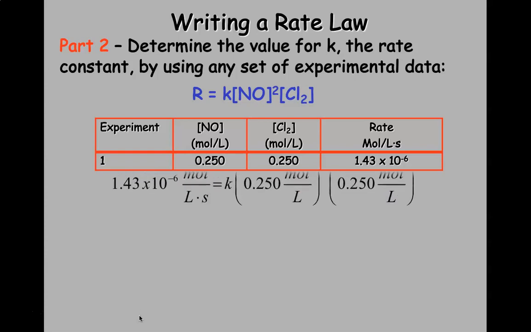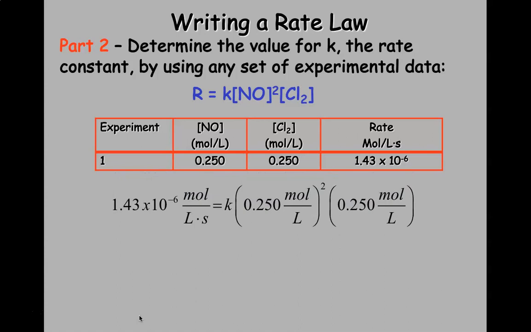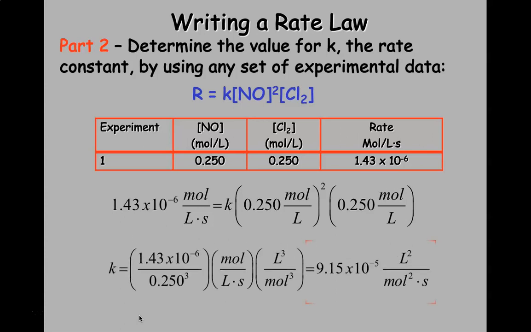So we plug experiment 1 into our rate law. You can do the math here with a calculator, but please notice what's going on with the units. Remember, if you square something, it squares the number and it squares the units. Plug everything in, and we get liters squared per mole squared times second.